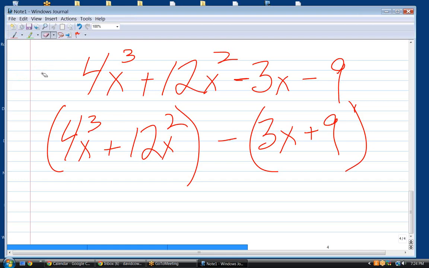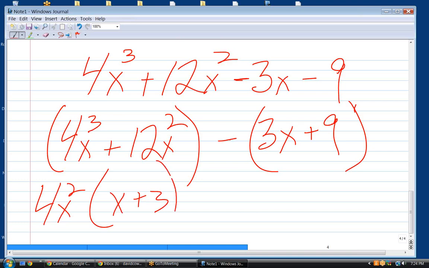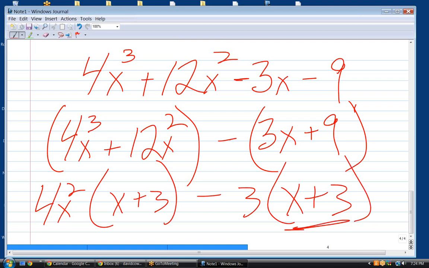Now, notice that it's exactly the same thing as this. And when I now factor out my 4x squared over here, I'm left with x plus 3 minus, factor out the 3, I'm left with x plus 3. These things have to be the same for you to be able to group them.